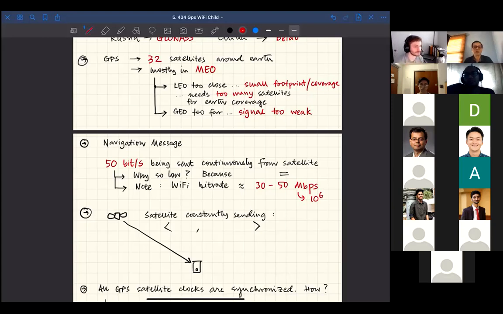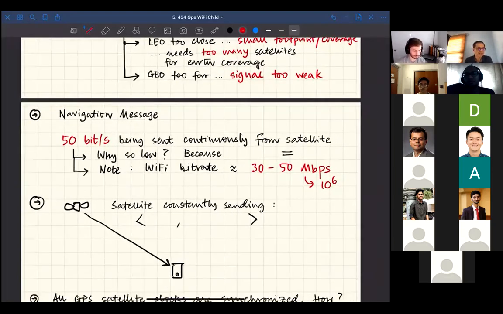Wow, right? Why can't the satellite send me more data? Well, again, it goes back to the same answer: the signals coming from the satellite are very weak. And whenever there is a weak signal, the bit rate or data rate goes low.